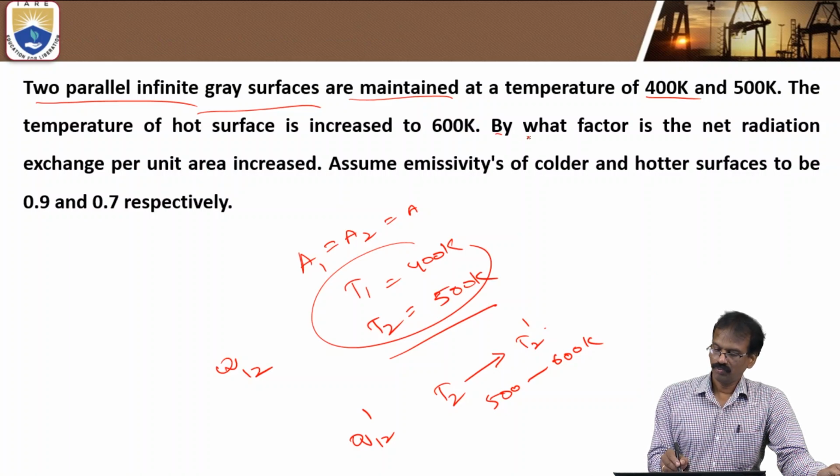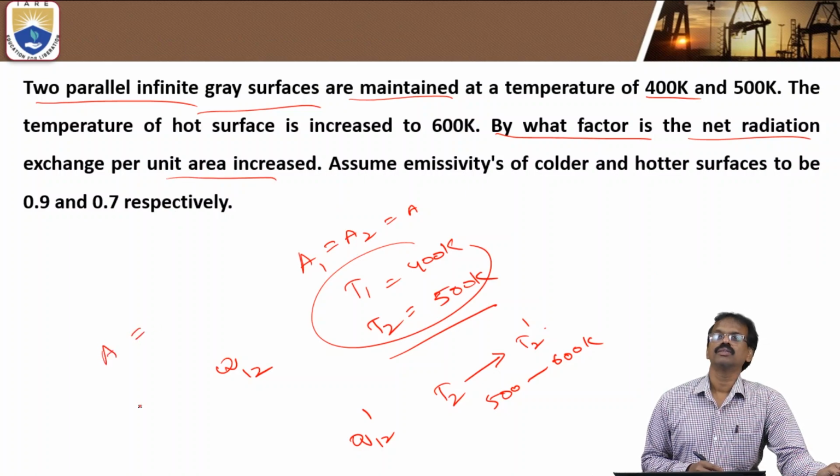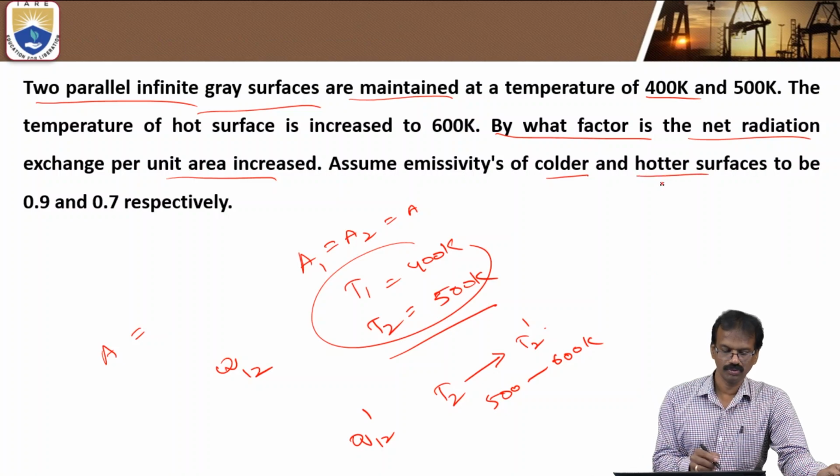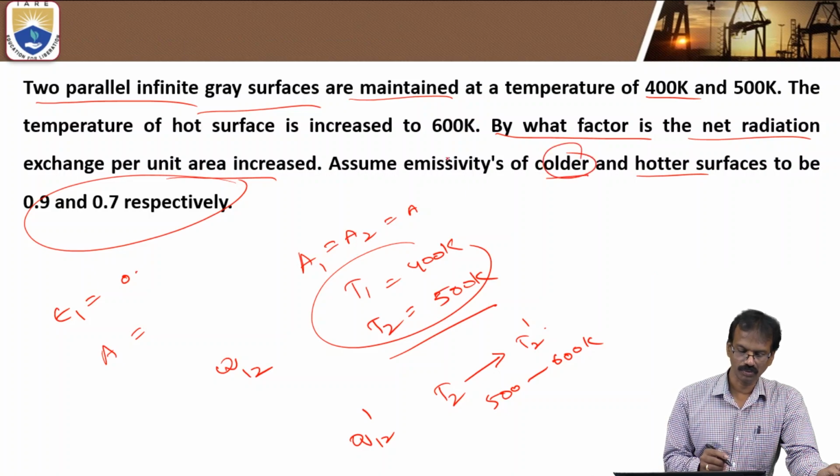By what factor is the net radiation exchange per unit area increased? Area is equal to unit, so we have to find the percentage. Assume the emissivities of the colder and hotter surfaces: epsilon 2 is equal to 0.9 and epsilon 1 is equal to 0.7.